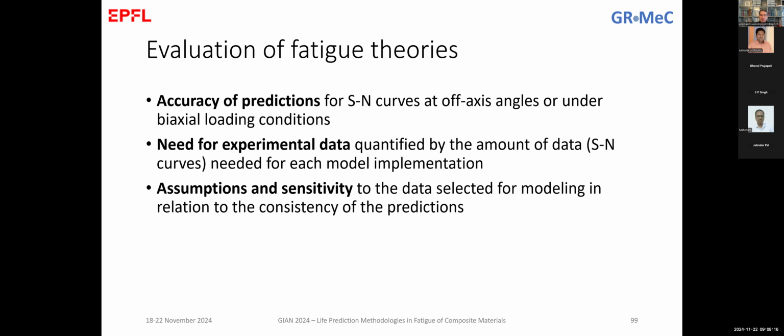This is because they established their theory mainly for unidirectional composites, for which it is more or less acceptable to say that the material fails either under fiber failure mode or under matrix failure mode when we go off axis.